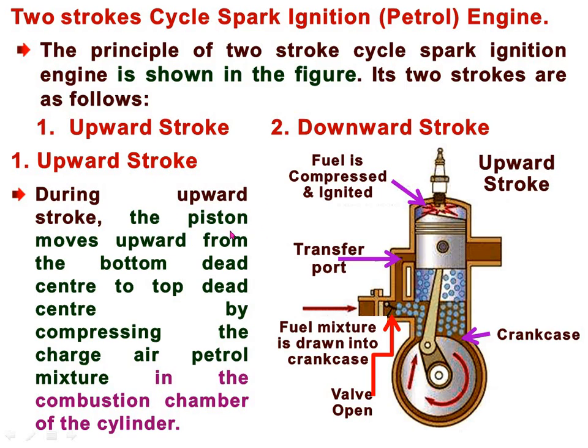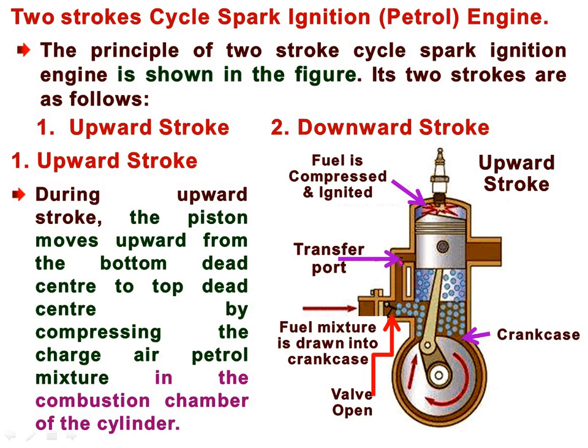During the upward stroke, the piston moves upward from the bottom dead center to the top dead center, compressing the charge, the air petrol mixture, in the combustion chamber of the cylinder.